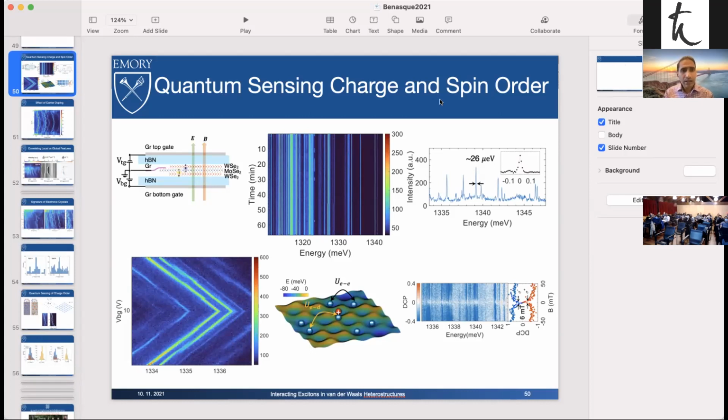Right. Actually, now we have a few samples which show this, but we don't know which one factor leads to this. I can tell you everything we changed. We have moved from the usual PDMS technique to PPC pickup, which is always cleaner, so the flakes never see anything other than boron nitride. But I think another important thing is that we have a very large top and bottom graphene gate and a thick BN.